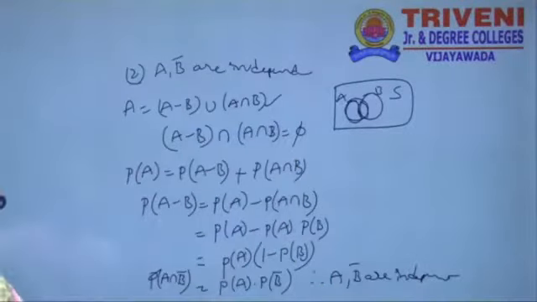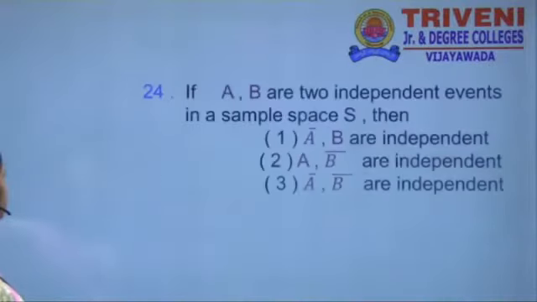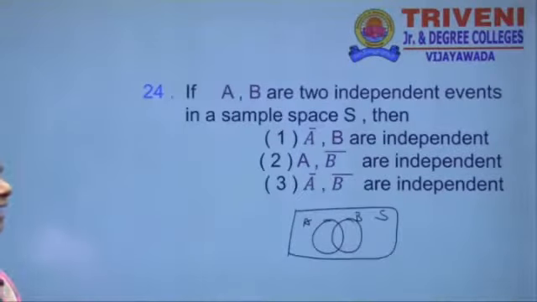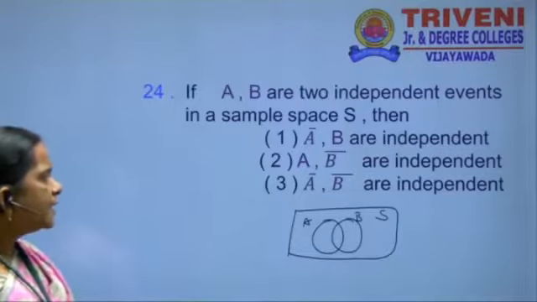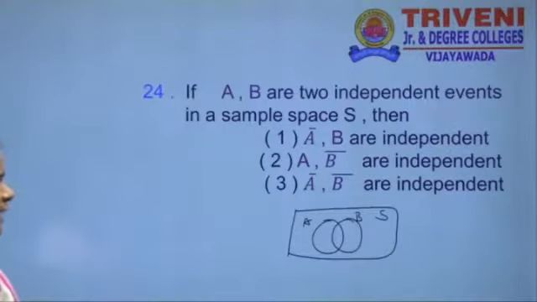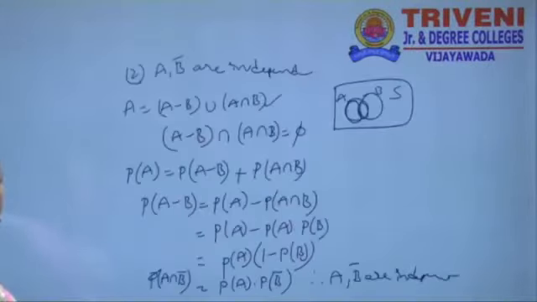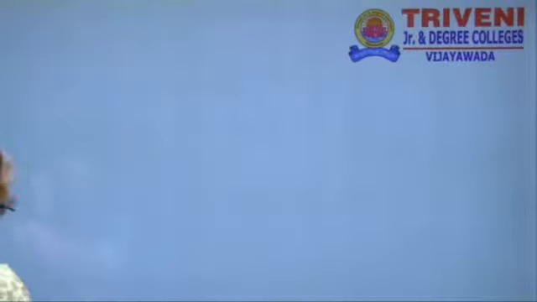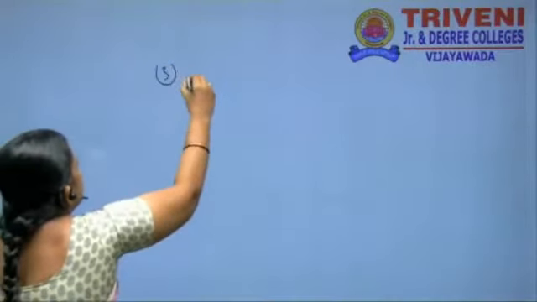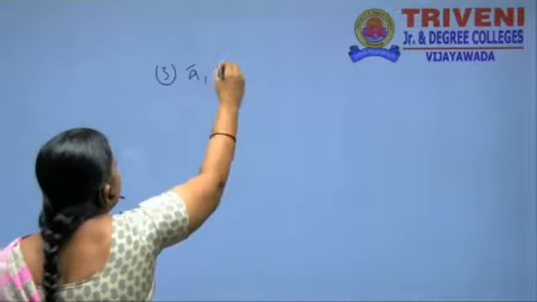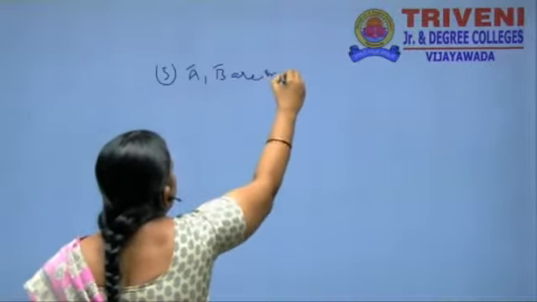And the third one is A bar comma B bar are independent events.